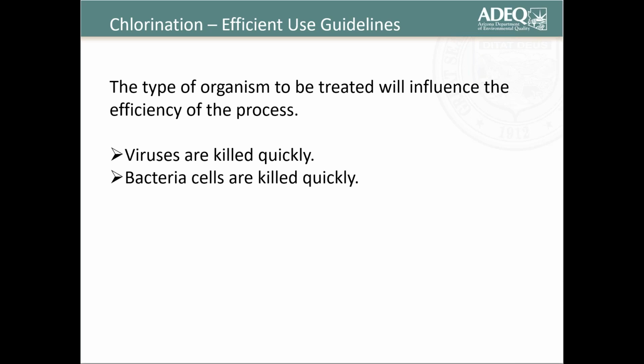Second, bacteria cells are killed quickly. Now, cysts and spores may be resistant. And one well-known one is Cryptosporidium. That's very resistant. And so it depends on what type of pathogen you're dealing with on how effective your chlorination process is going to be.